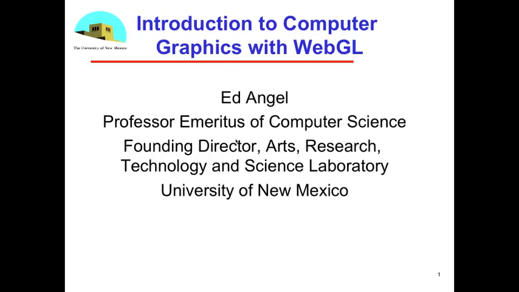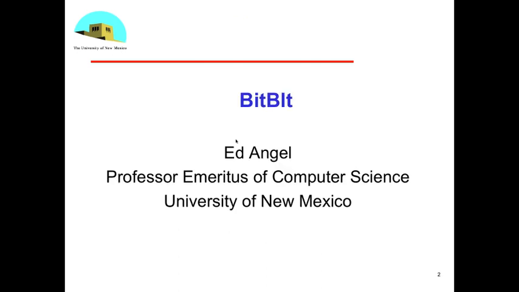I want to take a little time to talk about the operation of BitBlitting, bit block transfer operations. That used to be a more important topic in the old editions of my book, and also before we had WebGL. One reason I want to continue talking about it is that it's really crucial to understand how interactive systems actually work.